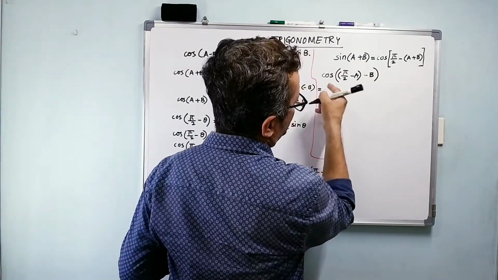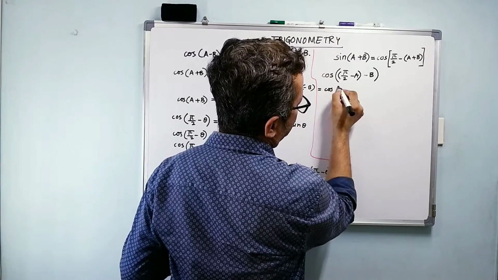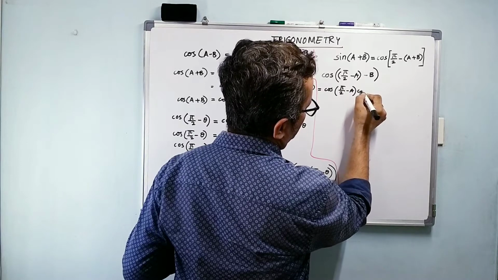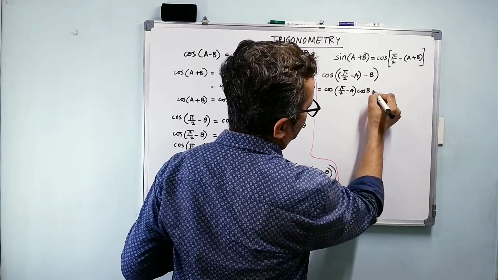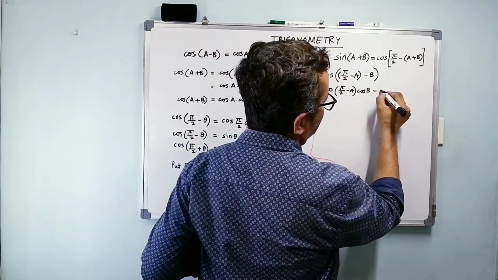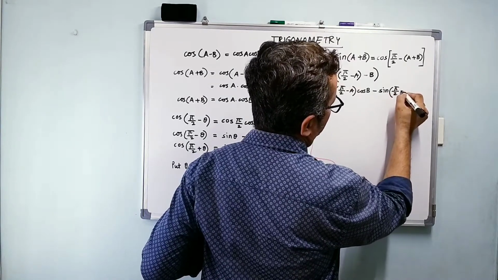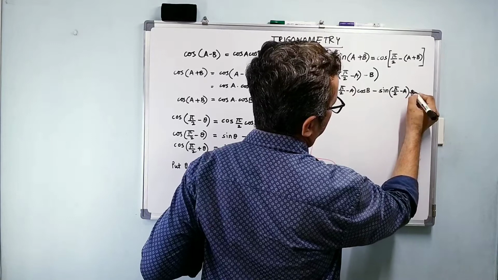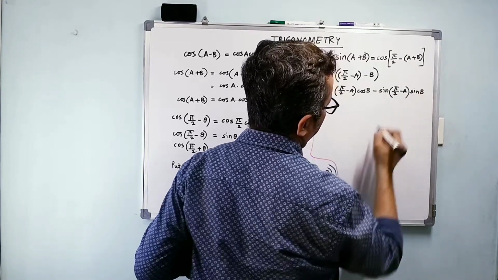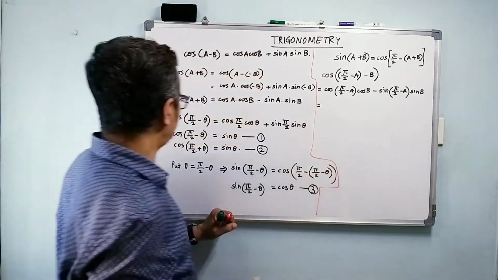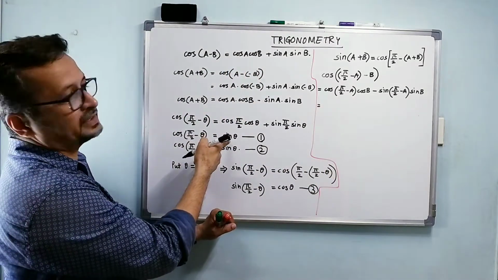So that is going to be equal to cos of pi by 2 minus A cos B minus sine of pi by 2 minus A sine B. Now here cos of pi by 2 minus theta, is it not sine theta?